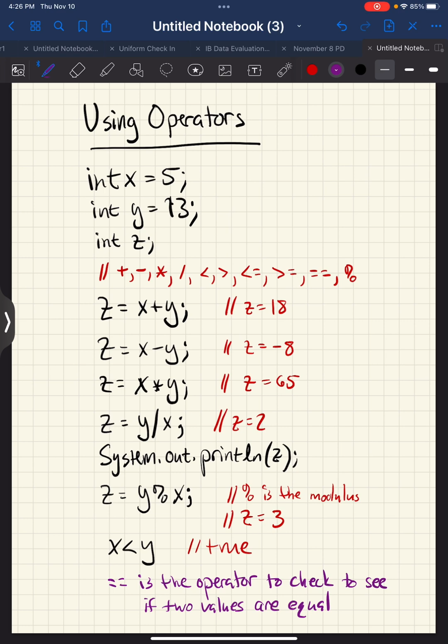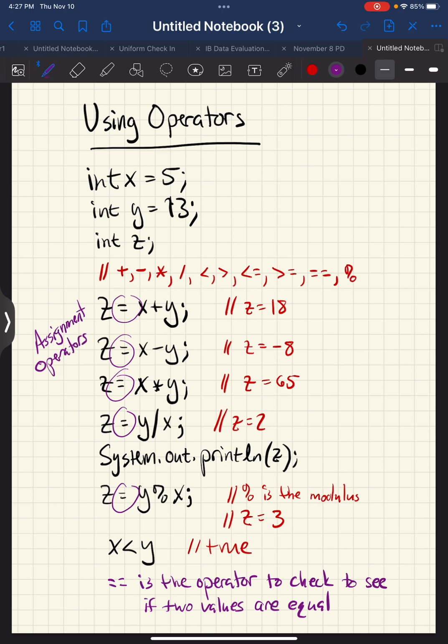And why do we need to have an equals equals operator? Well, if you think about it, up here we had all these equal signs, right? And those equals there are assignment operators.